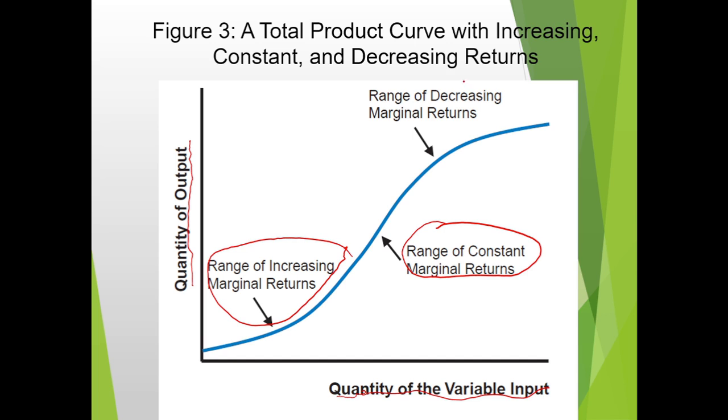And at last, we get the range of decreasing marginal returns. The marginal returns are decreasing, which means that you are increasing the variable input by 5%, but quantity of output is increasing only by, let's say, 2%. So the quantity of output will increase, but at a slower pace than the quantity of variable input.